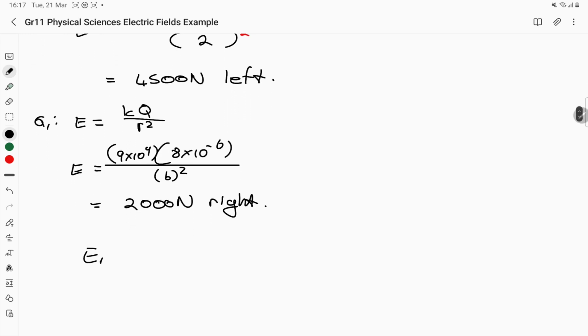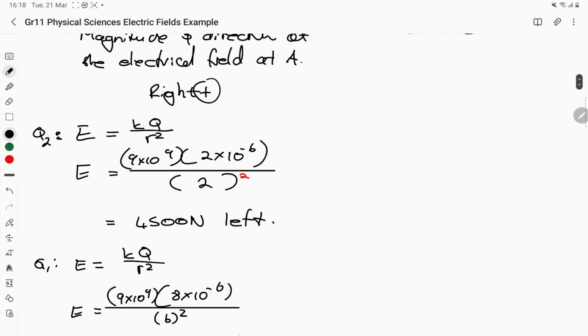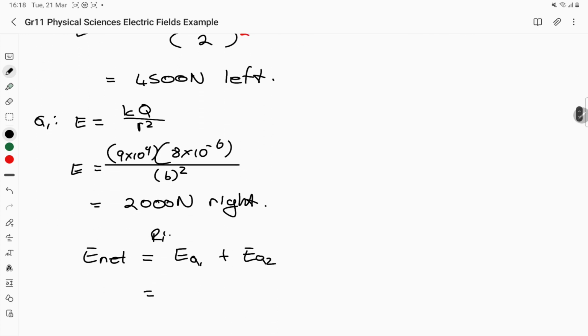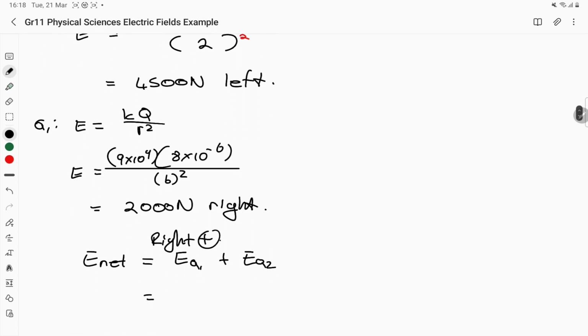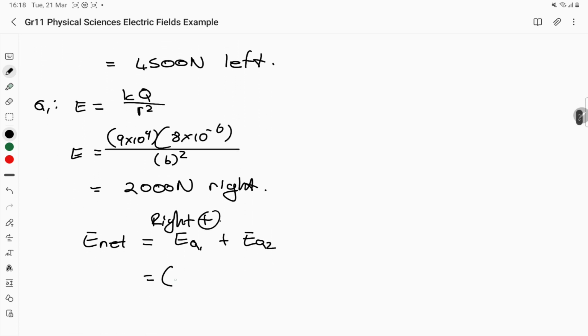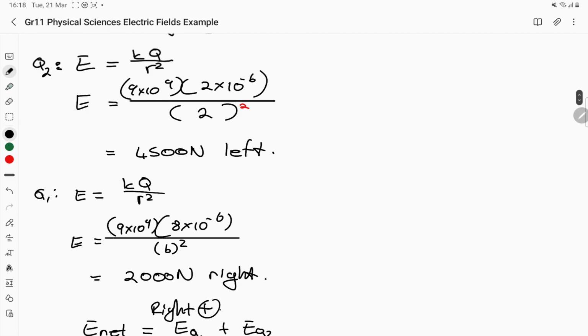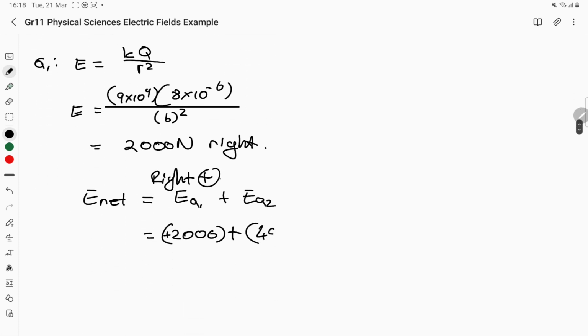So we say the E net is equal to E Q1 plus E Q2, and here we're going to use directions. We said right is positive. Let's just repeat that. We have E for Q1, which is 2,000, positive because it's to the right, and the Q2 value will be 4,500 to the left, so it'll be negative 4,500.